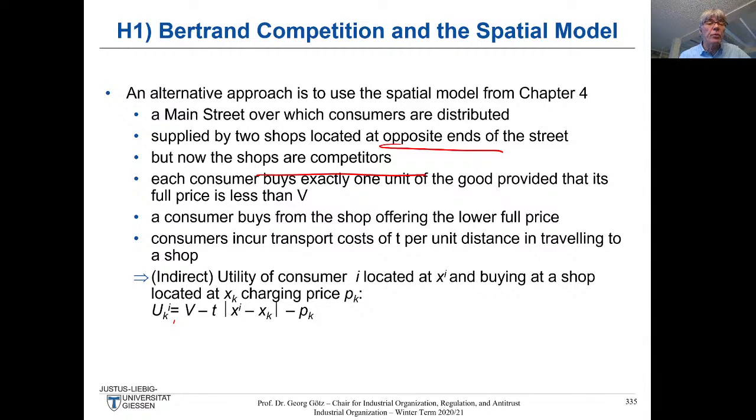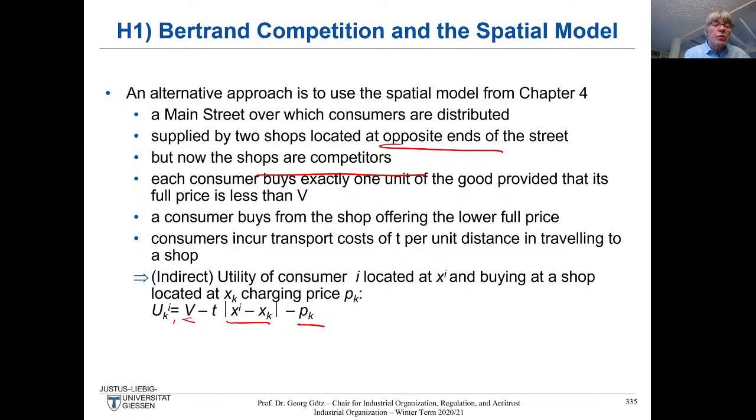So what is clear? Indirect utility: you consume the good, so you get V, you have paid a price, the price which shop k charges, so you subtract this, and you subtract the transport costs. We use the absolute value sign because only the length, not the direction of the distance matters.